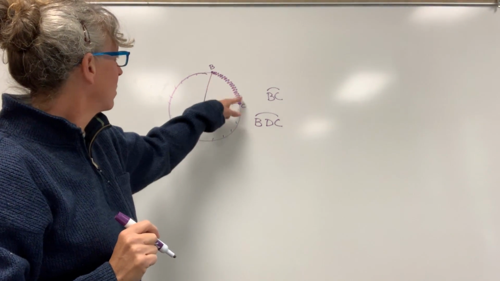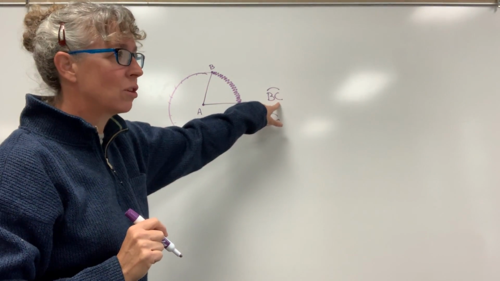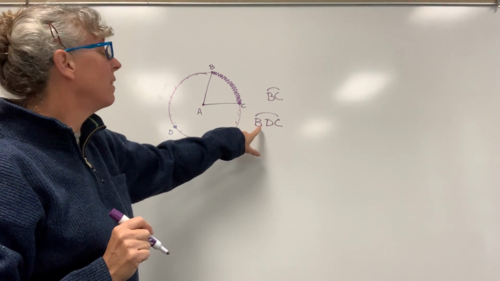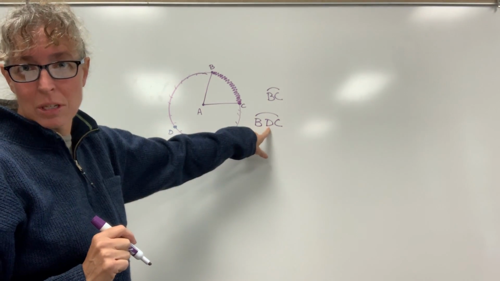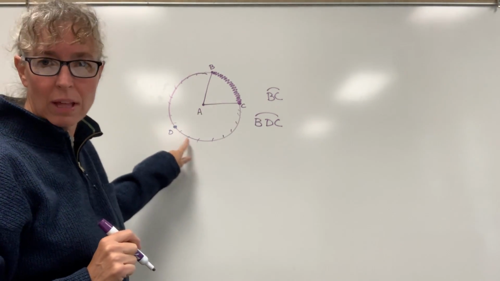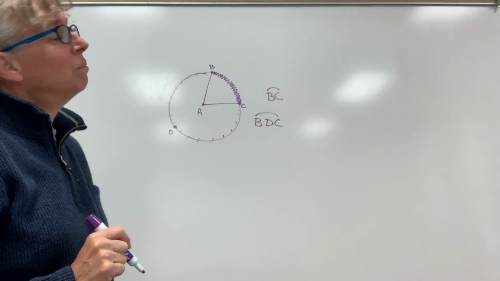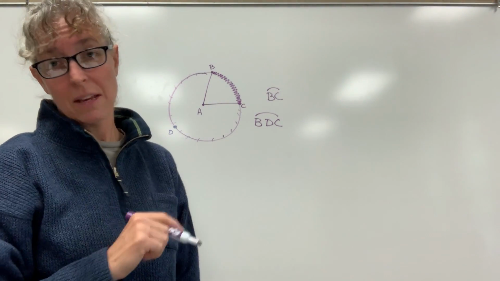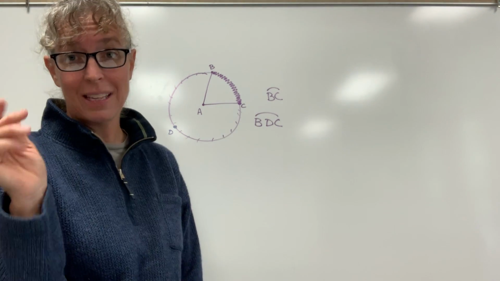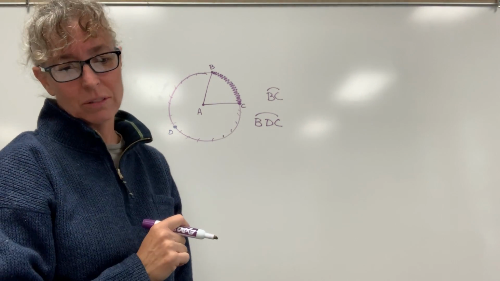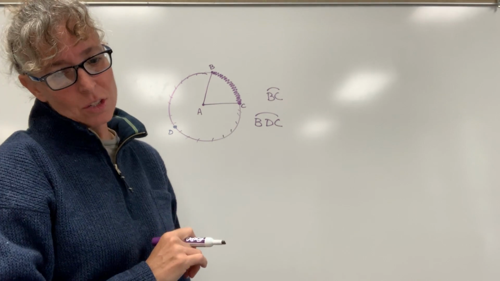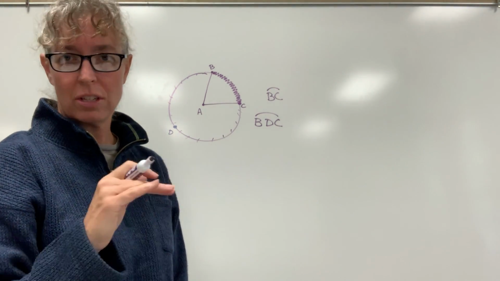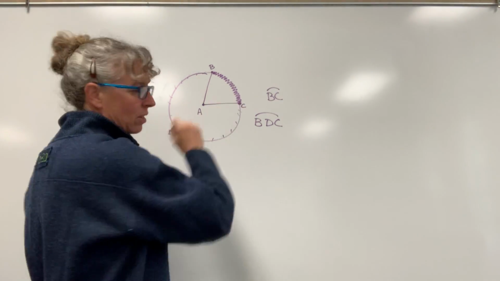If they want you to go the little direction, they'll just give you the two letters. Go to the shortest distance between B and C. If they want you to go the other way, they'll put another letter in between so that you know you have to pass through that letter to get to the other one. And that would be a major arc, okay? Because it's more than 180. If it's exactly 180, that's a semicircle. So minor arcs, major arcs, and a semicircle is just half of the circle. It's the arc that's half of the circle.